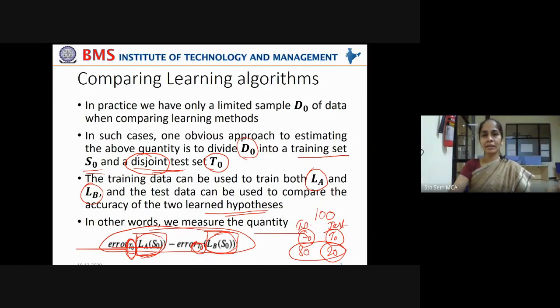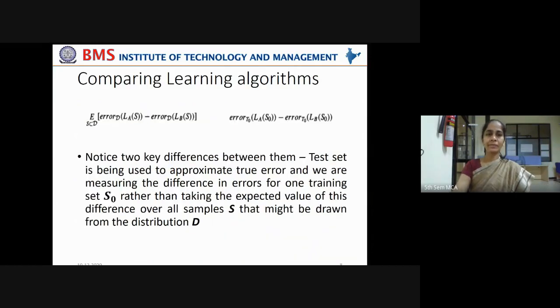You are trying to find out the difference between the test set errors on T naught. Okay. Now notice the two key differences between this representation and this representation. Both are almost the same, right? But what are the key differences?